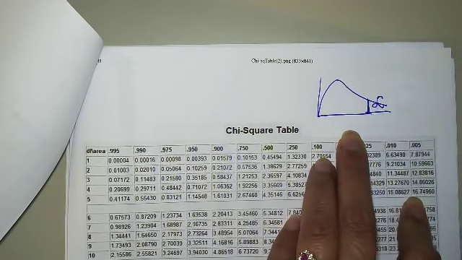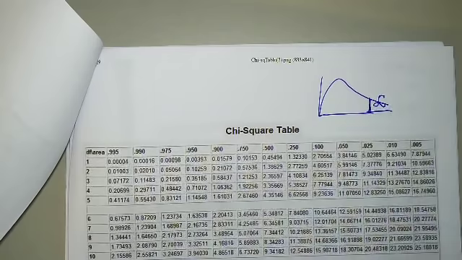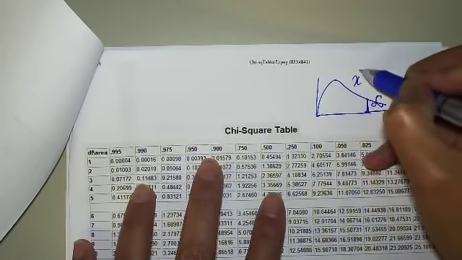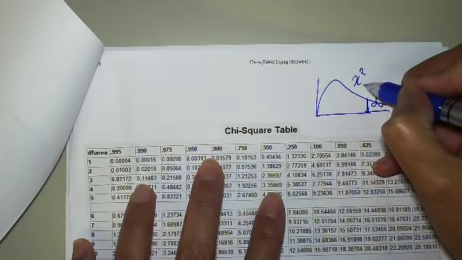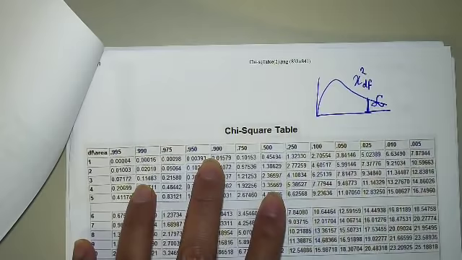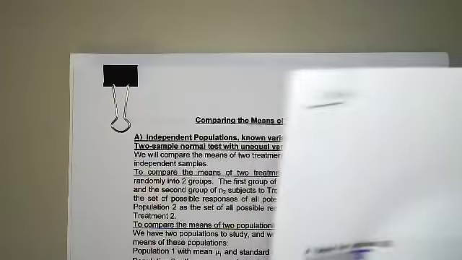So the entire alpha goes in the right tail for chi-square. And it's based on degrees of freedom. Chi-square with however many degrees of freedom. We'll get to that later. And then, of course, I have my t table. You already know about the t.